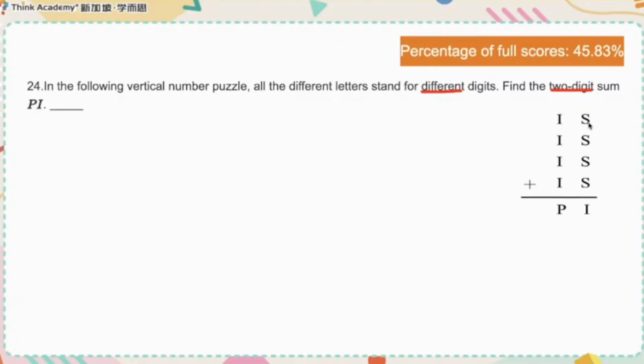Okay, so that means the S, S, S, S plus the sum equals I or 10 plus I. Or you can see I plus the sum, then we will get P. So for example, let's have a try. If we got a sum of them is P. Then how about I is 1?